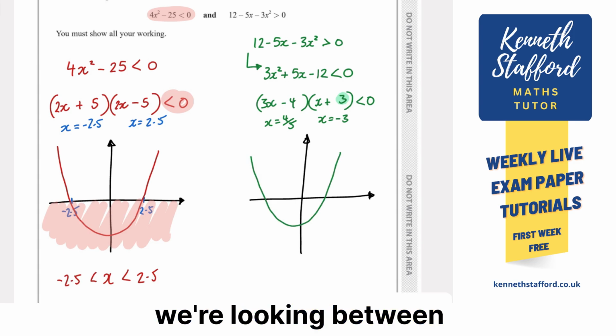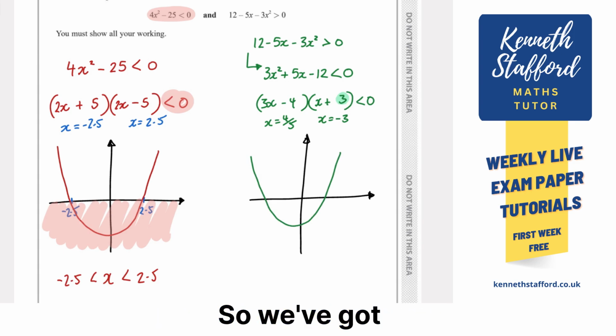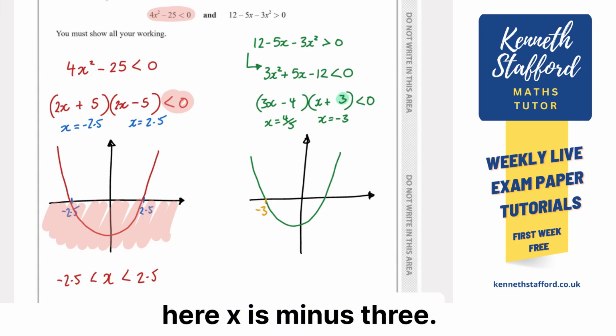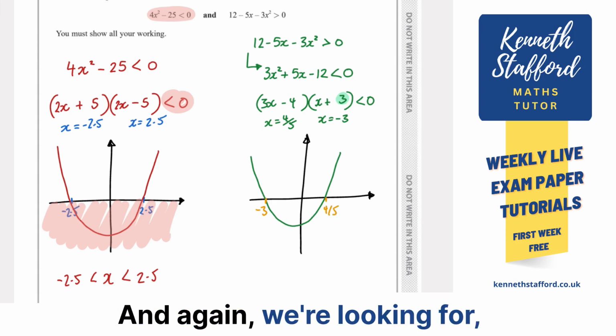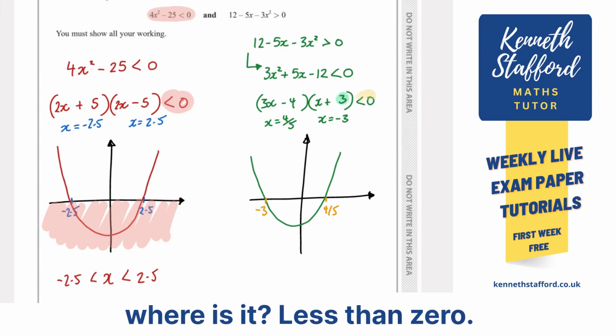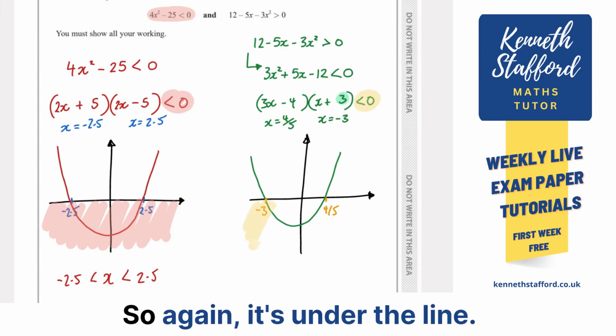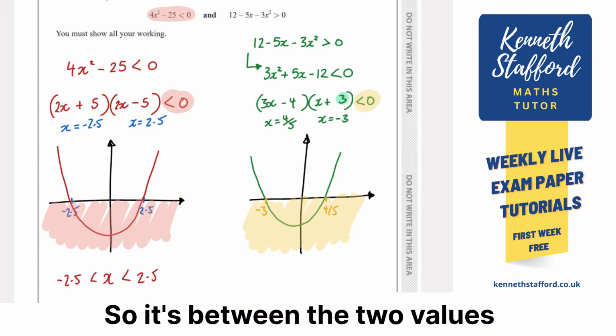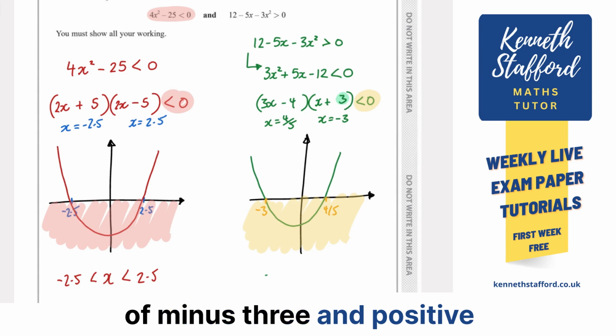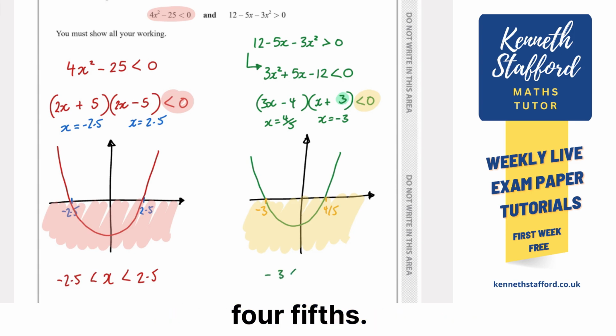So again, we're looking between the two values, so here x is minus 3, here x is 4/3, and again we're looking for where is it less than 0, so again it's under the line, so it's between the two values of minus 3 and positive 4/3.